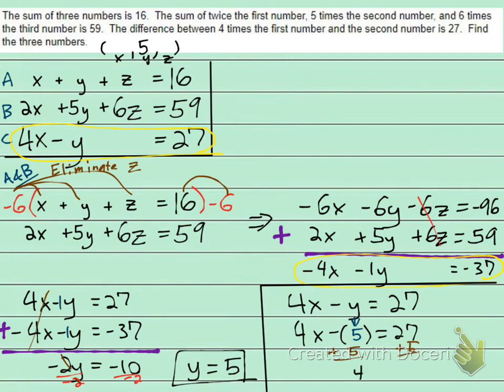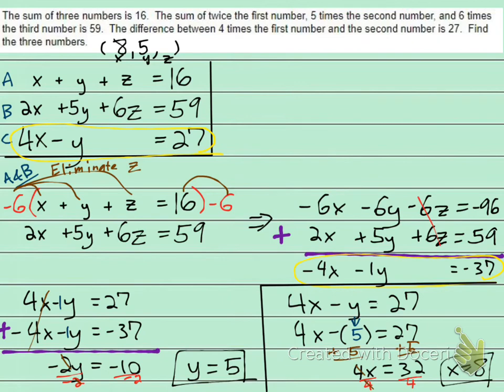So now I will have that 4x equals 27 plus 5, which is 32. Divide out the 4, divided by 4, divided by 4. So these two cancel. Now x equals 32 over 4, which is 8. So my first number, x, is 8.